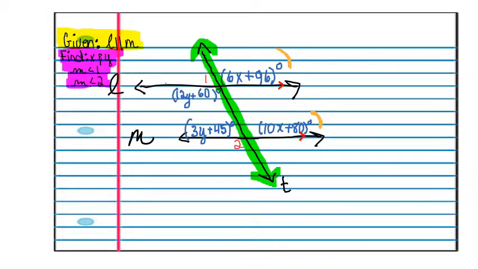And you'll notice that they are on the same street corners, so they're corresponding angles. And corresponding angles are congruent to each other, so therefore that will allow us to put the two expressions congruent to each other. So we have 6x plus 96 equals 10x plus 80.